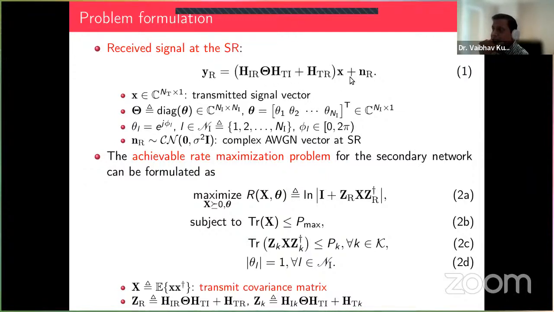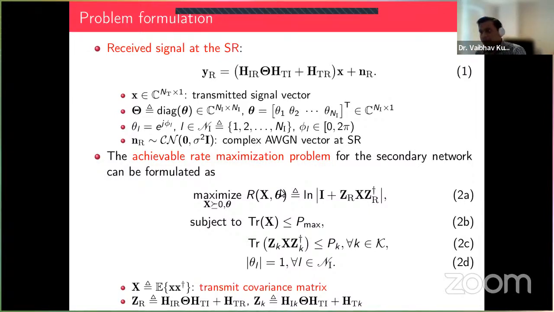This X is basically my transmit beamforming vector, and here we basically deal with the transmit covariance matrix rather than the beamforming vector. And this theta is the phase shift at the IRS. If I consider that I have N_I number of tiles, this is a vector having N_I elements.